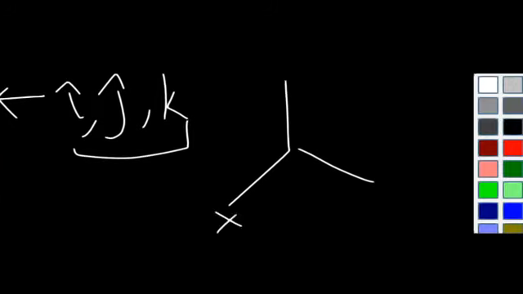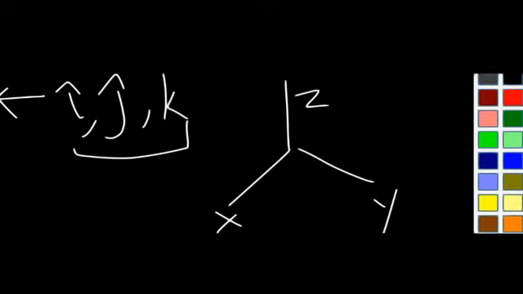in the x direction, y direction, and z direction, if you move one unit in the positive direction, in the x axis only, that's what we call the i hat unit vector.